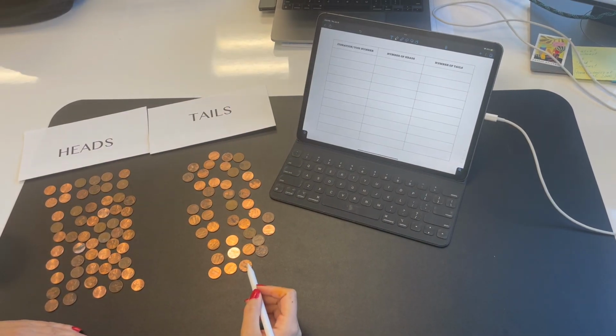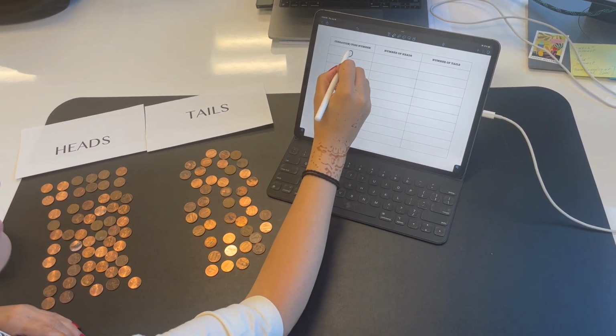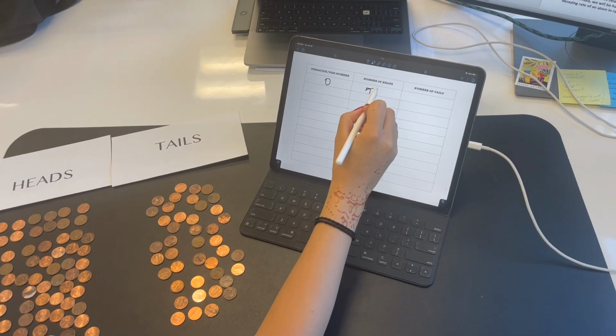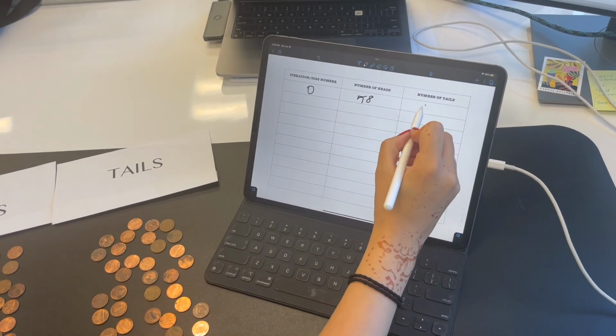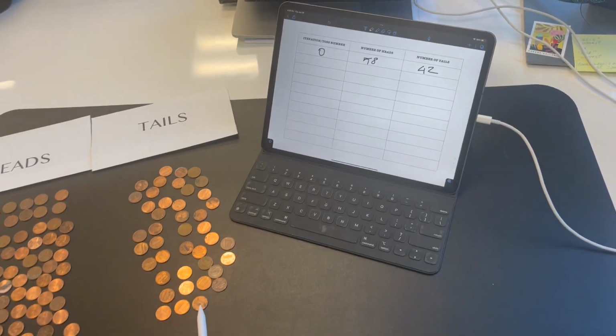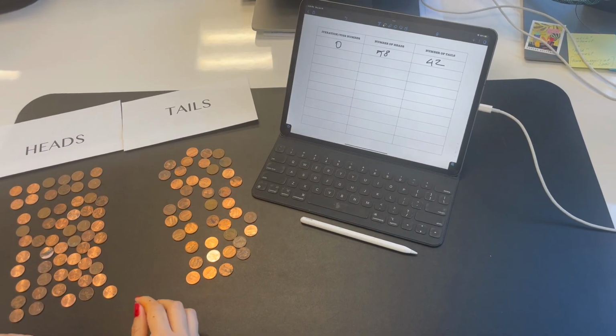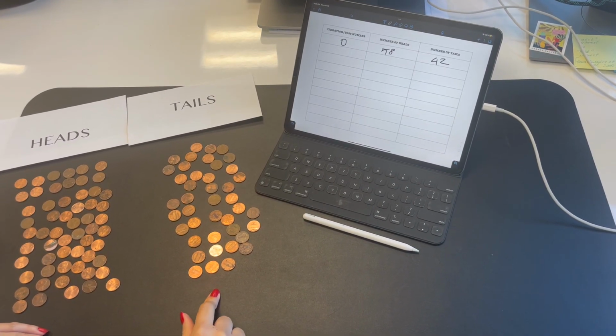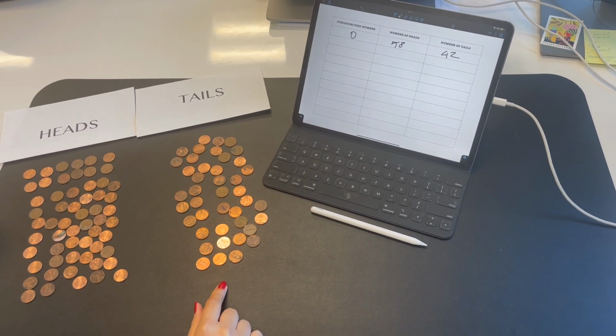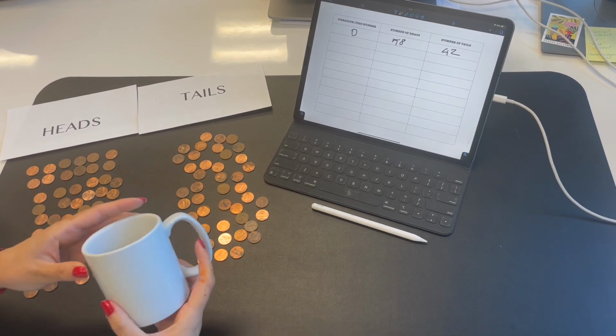This was iteration number 0, where I had 58 heads and 42 tails. Then I am collecting all the tails and removing them from my batch. I am putting these pennies into the white mug.